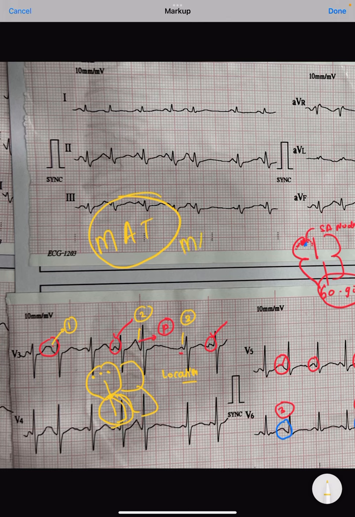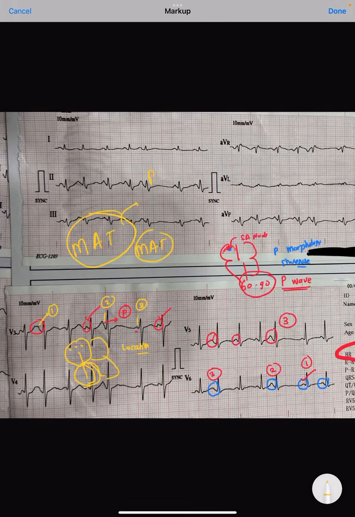So this is typical of MAT, multifocal atrial tachycardia, because there are three or more different P waves. To label it as MAT, we must have three different P waves. This is mostly because of atrial damage. That could be because of pressure overload, volume overload, or MI as well.